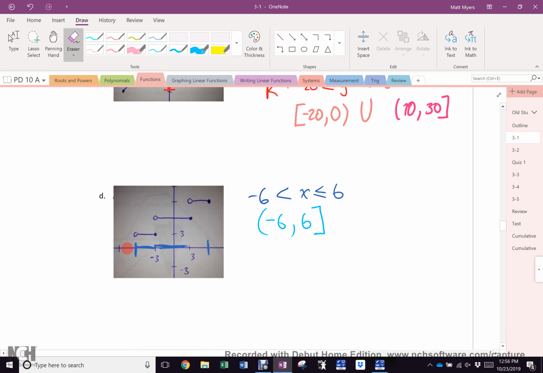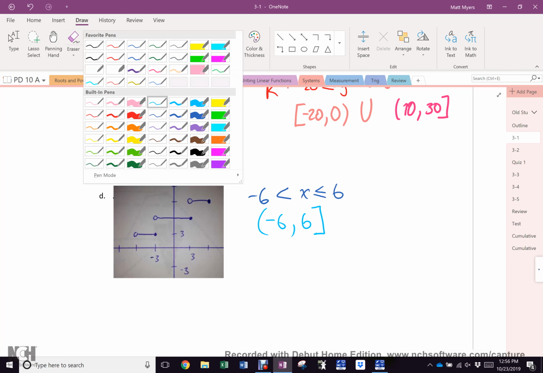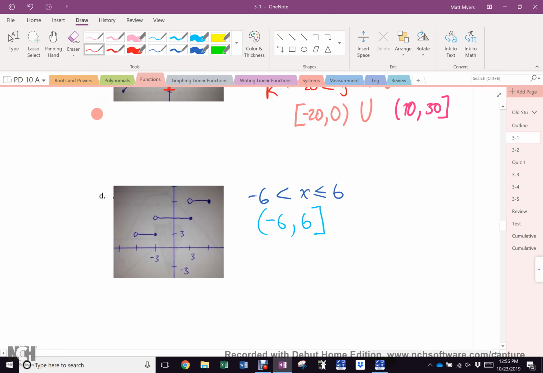Beauty. Now, range lives where? On the y value. Where's our first y value? 3. What's the next y value? 6. Where's the next y value? 9. Did I connect those? You can't. There's nothing there.